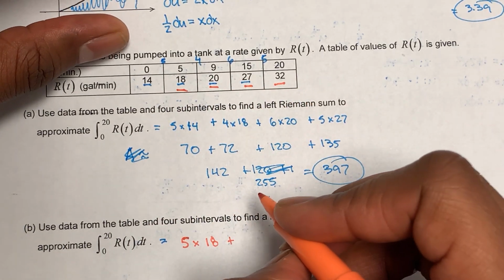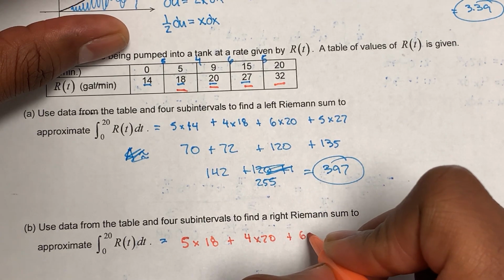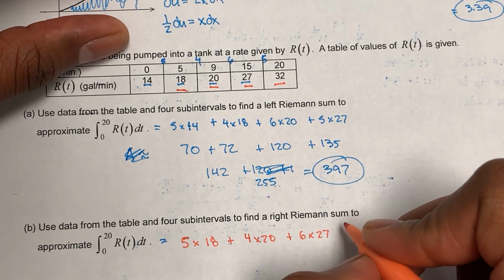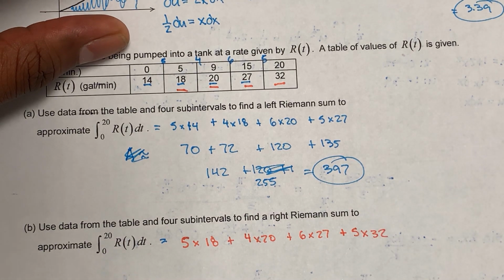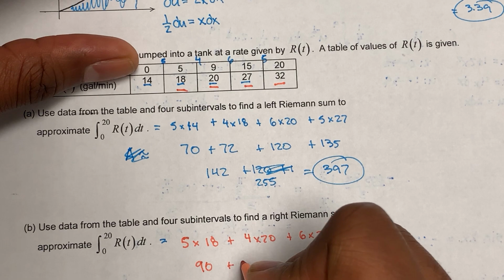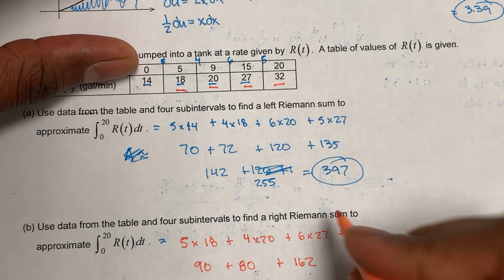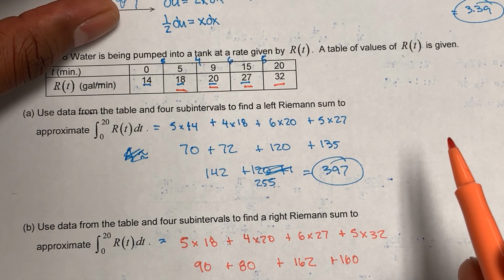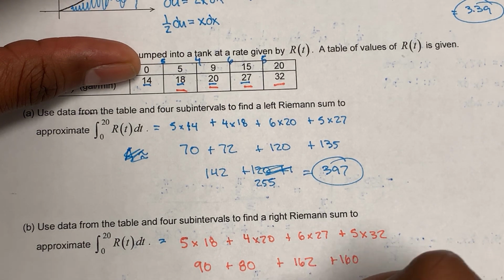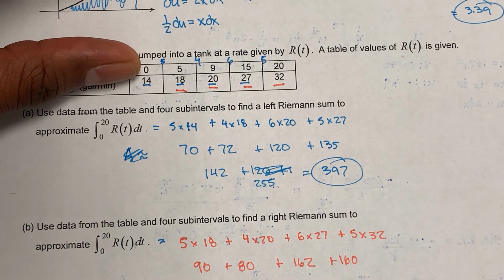So 90 plus 80 plus 162 plus 160. What's that? 170 plus 322, so 492.